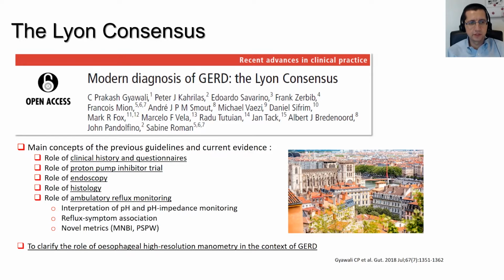In the Lyon consensus, we evaluated, summarized, and criticized the previous guidelines and, of course, the current evidence on the role of clinical history and questionnaires in the GERD diagnosis, the role of PPI trial, the role of endoscopy, histology, and, of course, the role of ambulatory reflux monitoring, with particular focus on the interpretation of pH impedance monitoring, reflux symptom association, and novel metrics introduced in the last year to better diagnose GERD and to help the clinician to make a more objective diagnosis of gastroesophageal reflux disease.